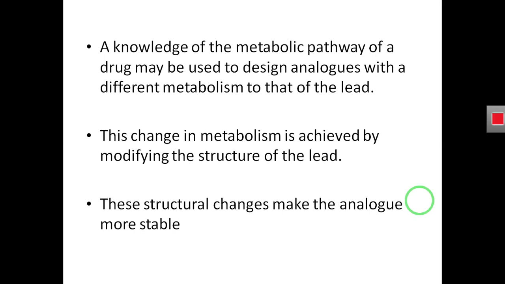Where does the drug get metabolized? In the liver microsomes or liver cytosol, by the action of enzymes like cytochrome P450, by different reactions: oxidation, methylation, acetylation, and glucuronidation. So what happens with this phenolic anti-cancer drug?